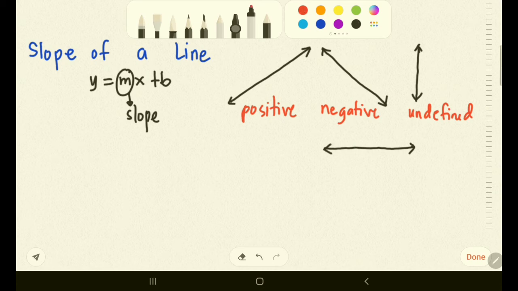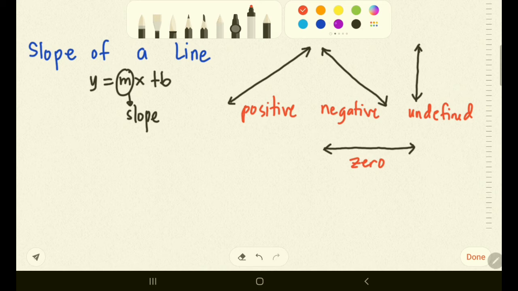This has zero slope. That is why it's really easy to walk on a road that is plain. So again, there are 4 kinds of slope: a line which has positive slope, negative slope, undefined slope, and zero slope.